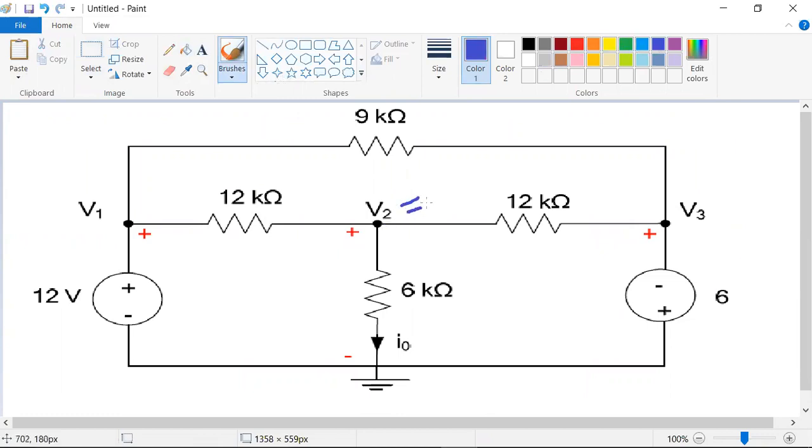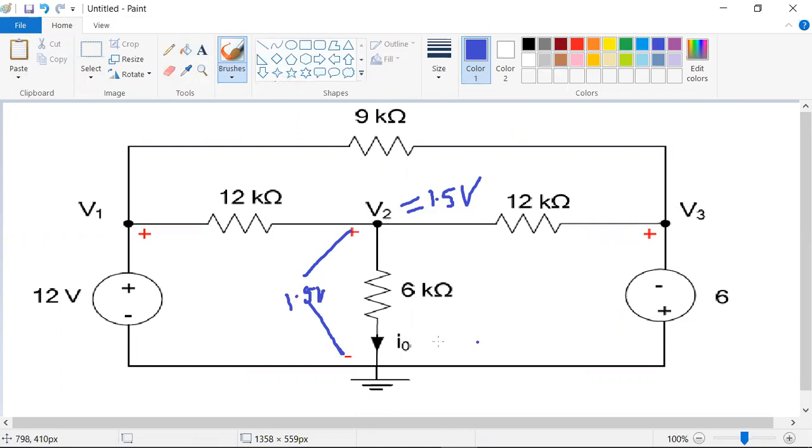V2 how much? 1.5 volts. Now you got V2, means this voltage. V2 is across this 1.5 volts.